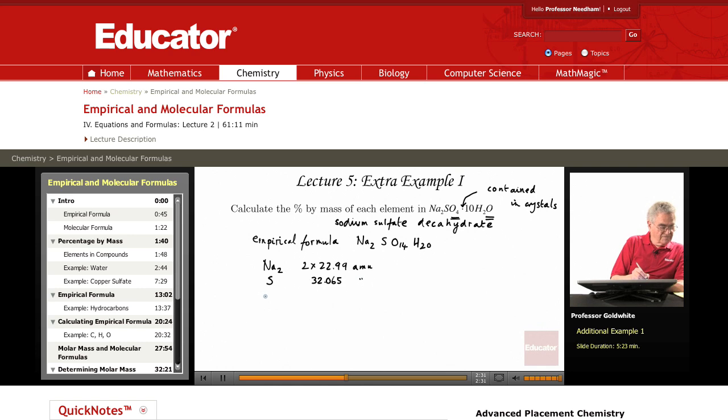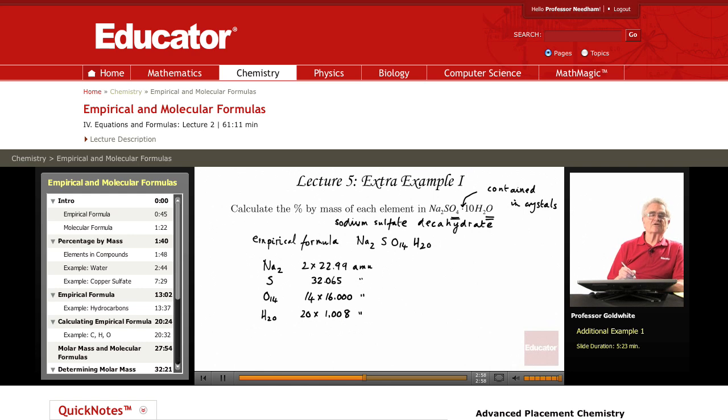We have 14 oxygens with a mass of 14 times 16.000 AMU. And we have 20 hydrogens of a mass of 20 times 1.008 AMU. Don't bother to calculate each of these individually.